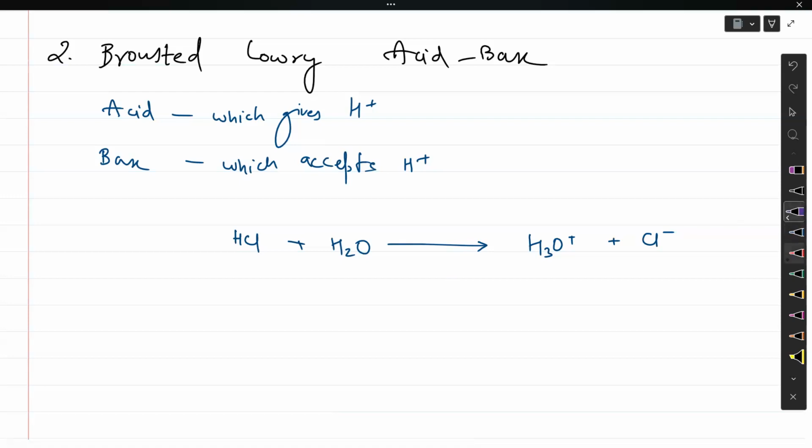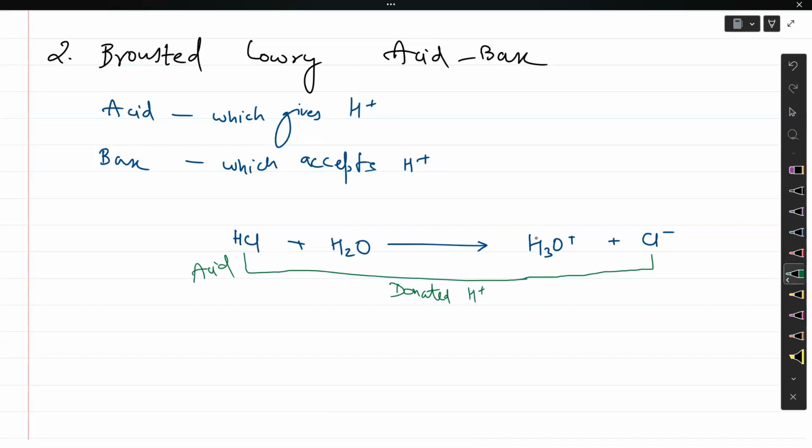See, HCl is giving H plus and becoming Cl minus, right? है ना? So this will be known as an acid. Why? Because it has donated H plus.